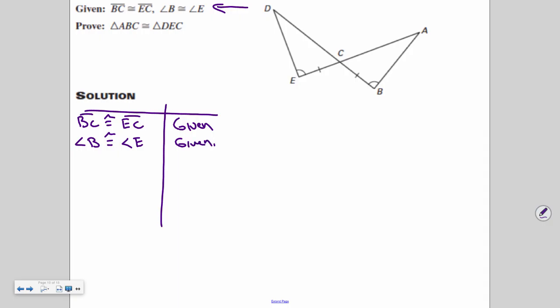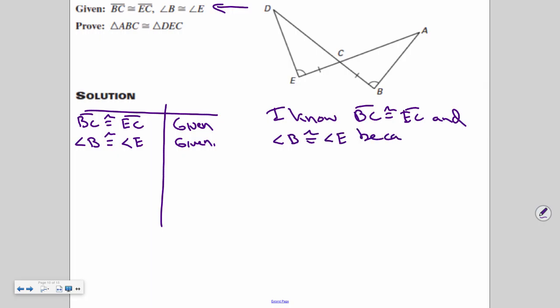In a simplified paragraph proof, I would write, I know BC is congruent to EC, and angle B is congruent to angle E because it is given. So I have right now an angle and a side in both triangles.